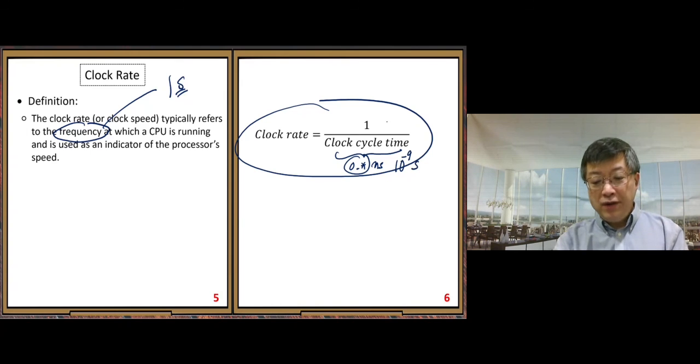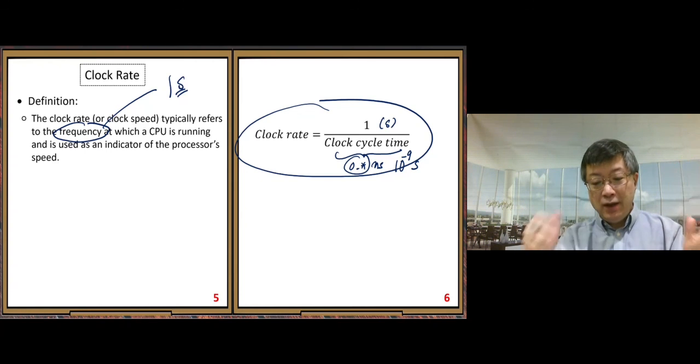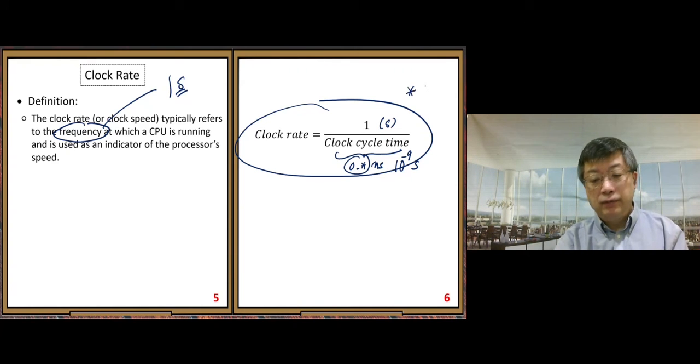So 1 second over that gives a number greater than 1, because 1 over 0 point something is greater than 1.